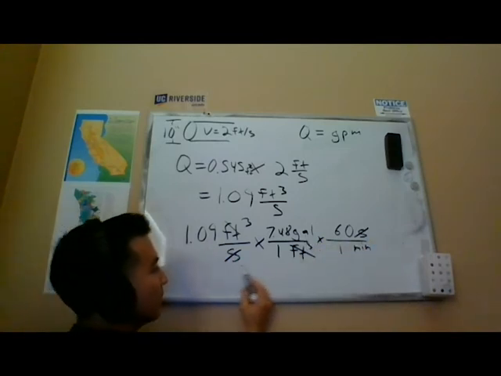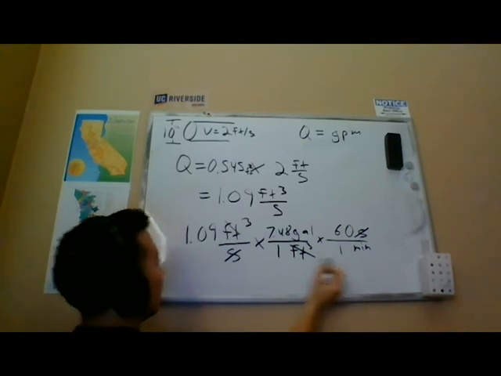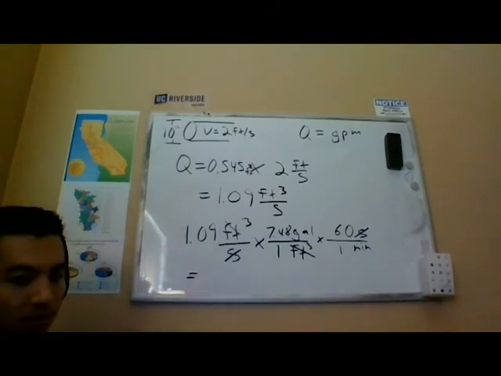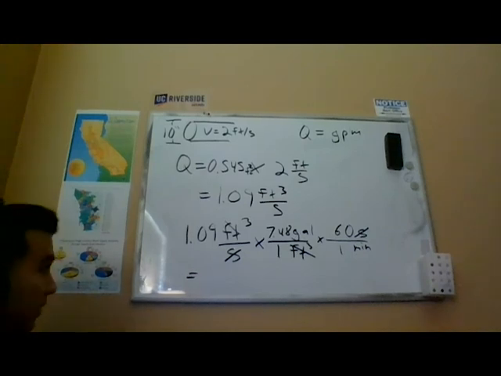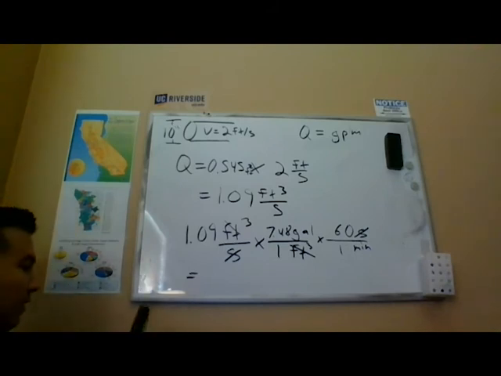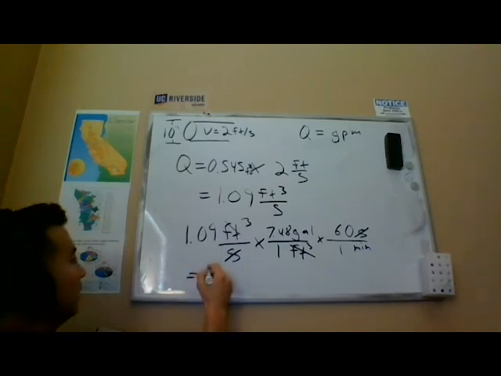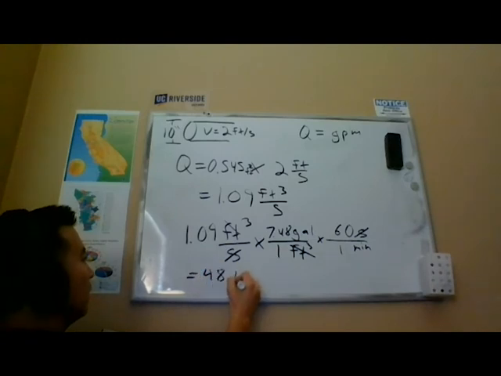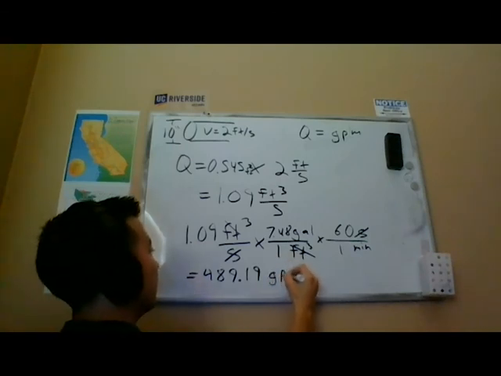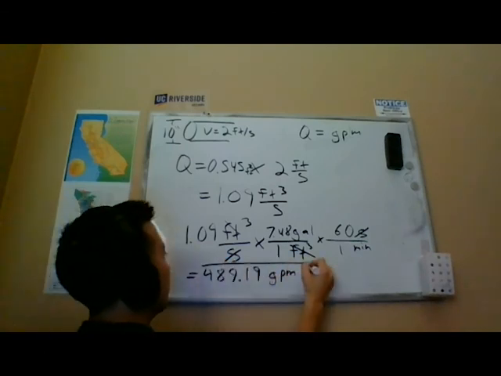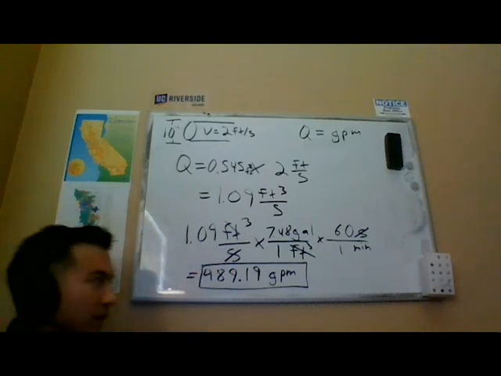When I look at my units across the bottom, I'm left with only minutes. So again, I pull out my calculator: 1.09 times 7.48 times 60. That's going to give me 489.19 gallons per minute. And that is going to be my final answer.